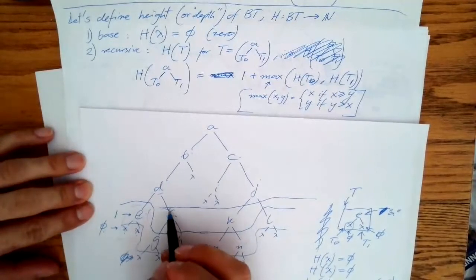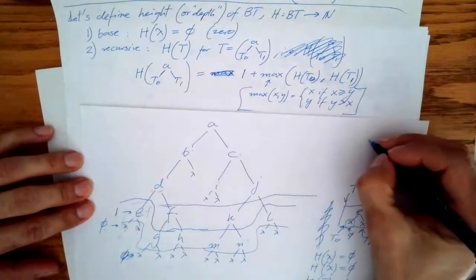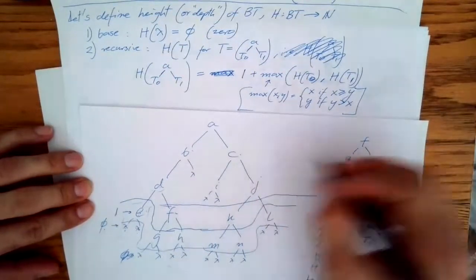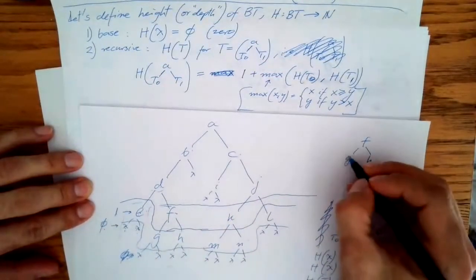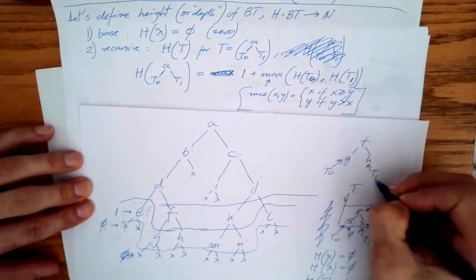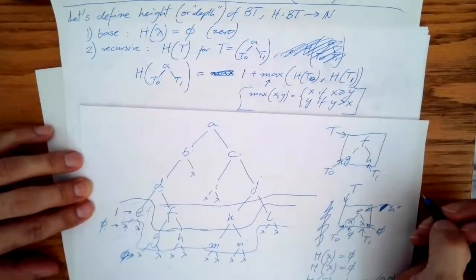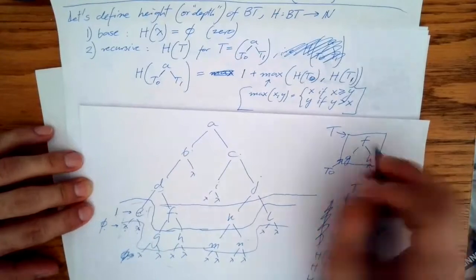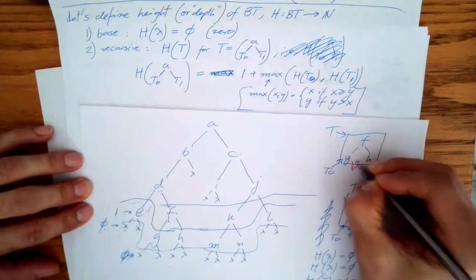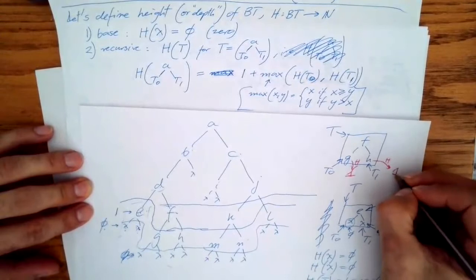Okay, let's now look at the subtree rooted at F. So here I have a subtree rooted at F, and I'm forming it by these two, so this is now my T0. This is my T1, and this whole thing is a T. And now the height function mapped this guy to 1, and this guy to 1, right?